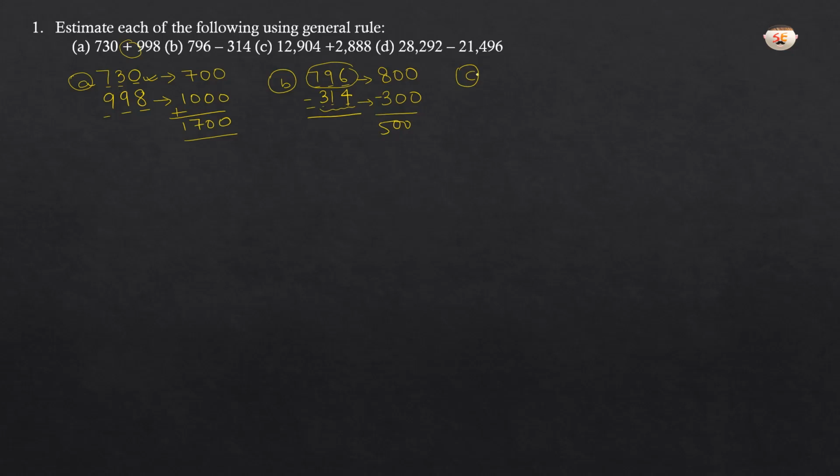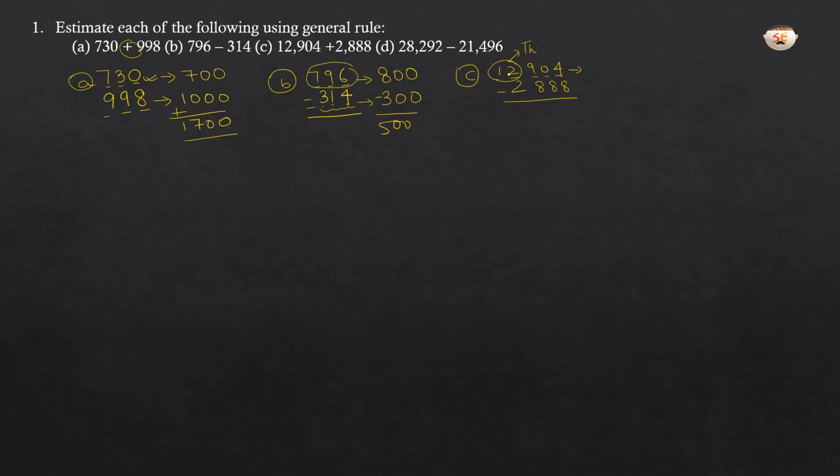Similarly in question number C, we have to subtract 2888 from the number 12904. Before subtracting, see it here carefully. According to the general rule, we have to round off these numbers correct up to their highest place. Here the highest place is 1s, 10s, 100s, 1000s, 10,000s. We have to see here that 1000 and 10,000 both come under the period of 1000.